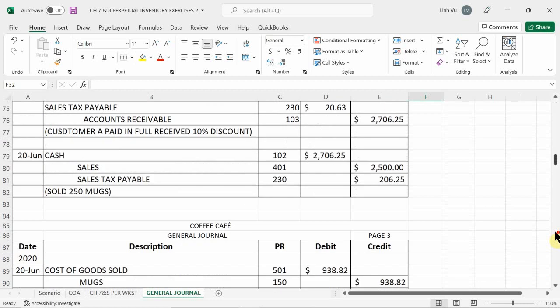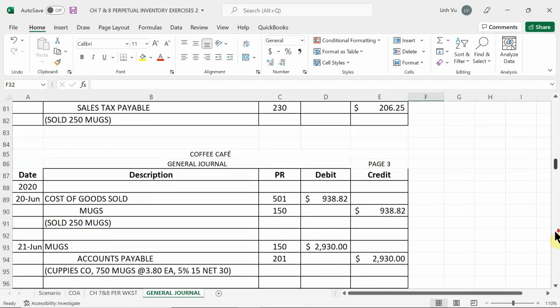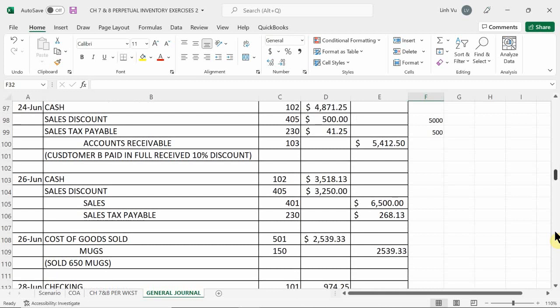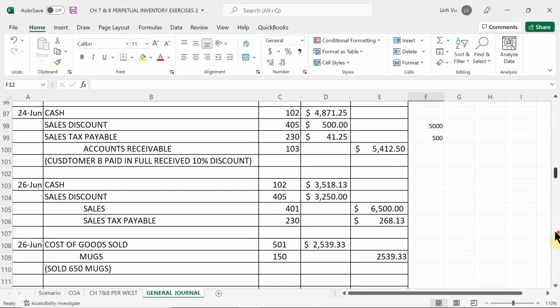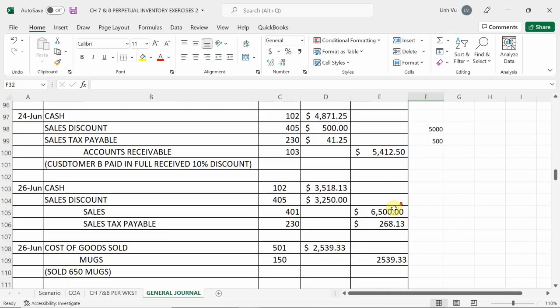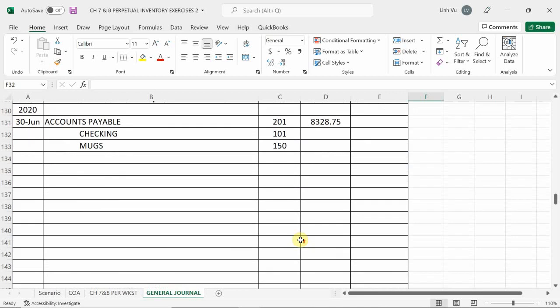Okay, plus the additional 3,000. It should be the 2,000, right? Plus additional 2,930. So what's your grand total here?